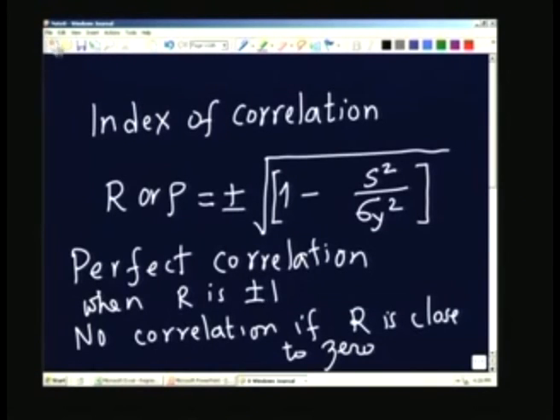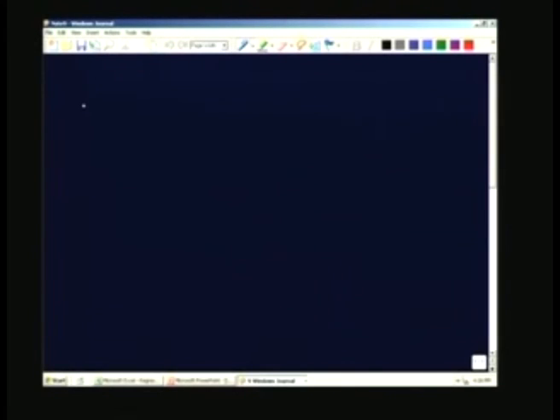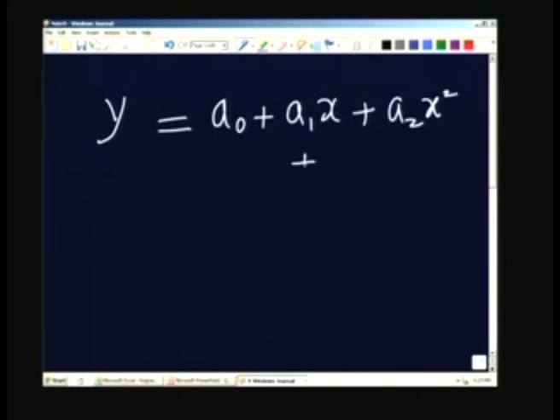For example, if I have one variable y which is related to x in the form of a polynomial, I can say a0 plus a1 x plus a2 x squared plus, it is going to stop somewhere. So, you will see that, for example, linear stops here. It is a special case of a polynomial fit. It is actually a monomial. A quadratic will stop here. A cubic will stop with the cubic term and so on.